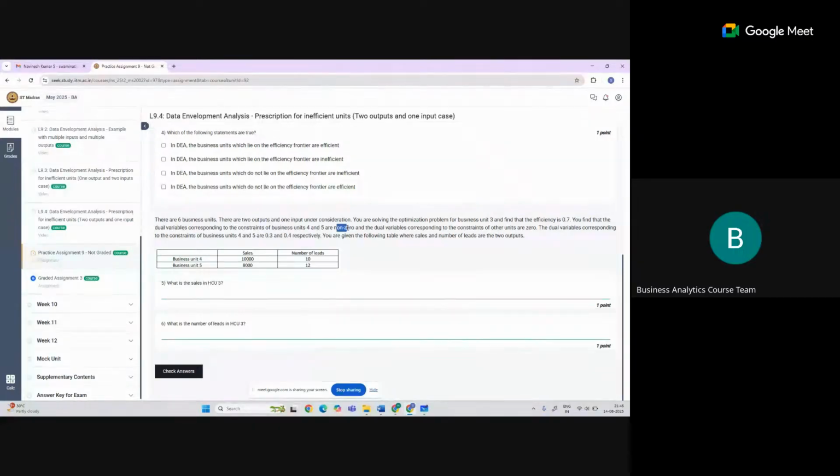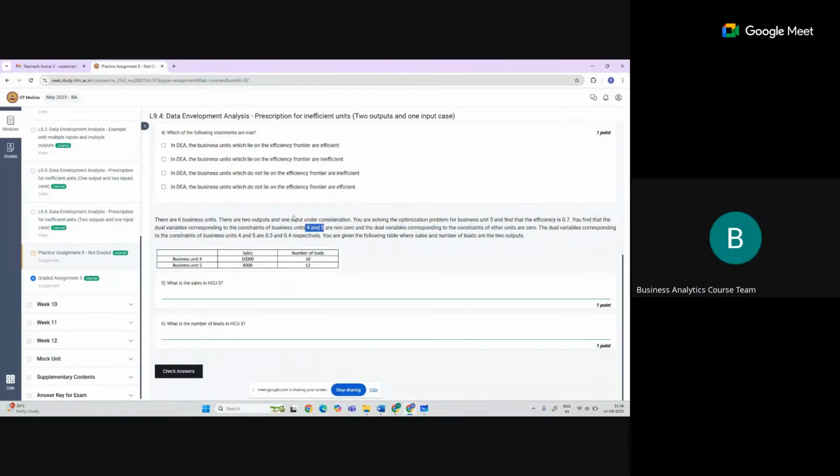So these 4 and 5 are going to act as reference units for business unit 3, and the other dual variables corresponding to the constraints are 0. Only 4 and 5 are non-zero. The only reference points for business unit 3 are 4 and 5.